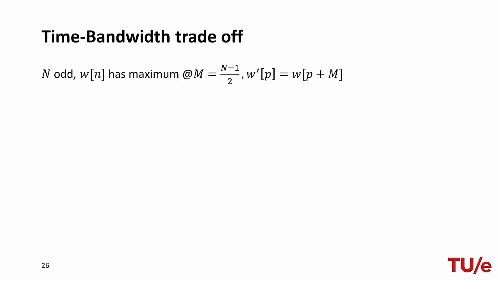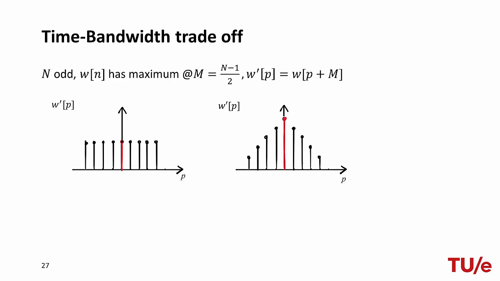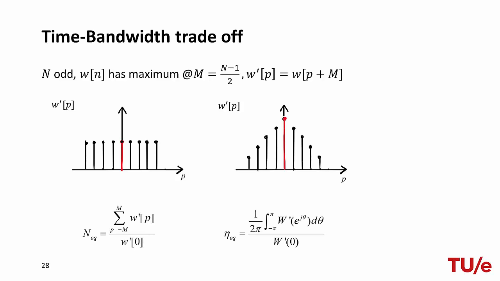Suppose we have a window of length N, and no matter the shape of the window, we assume that the maximum is in the middle of the window. Without loss of generality, we further assume the window to be centered in zero. Depending on the actual shape of the window, that is the value of the window function at each n, we can define the so-called equivalent length by normalizing the sum of all the values by the value in zero.